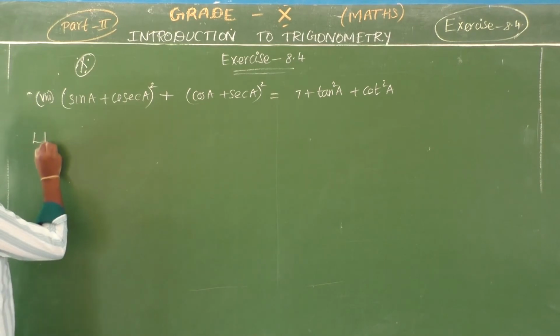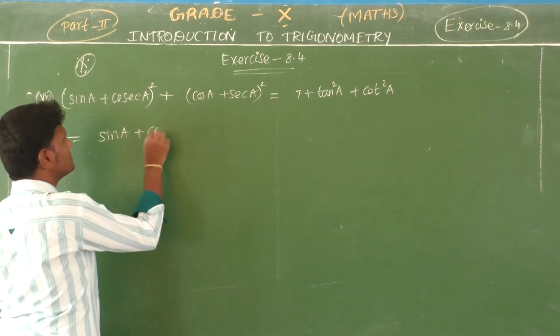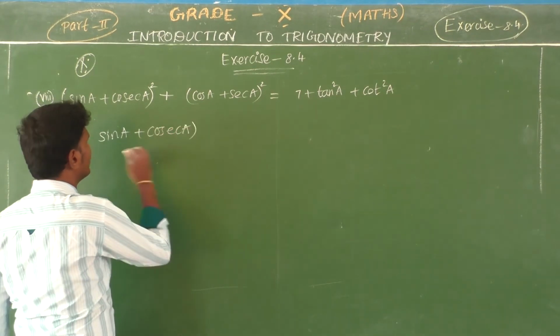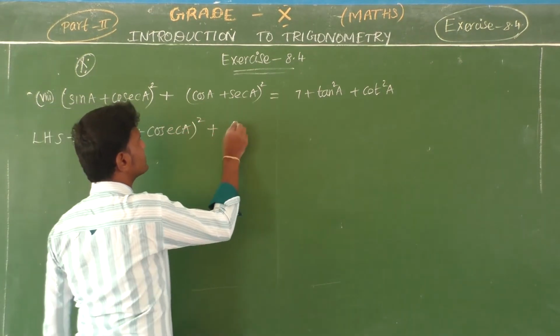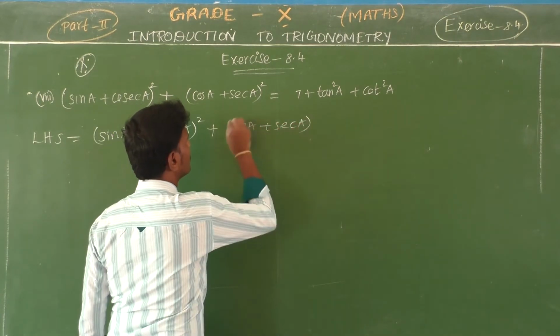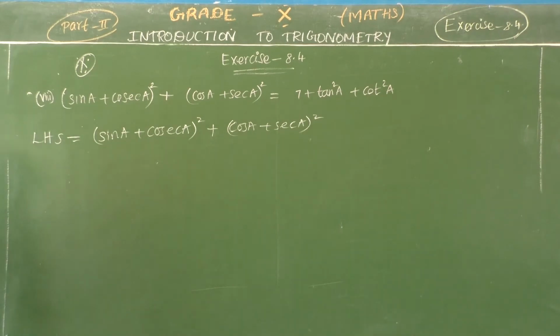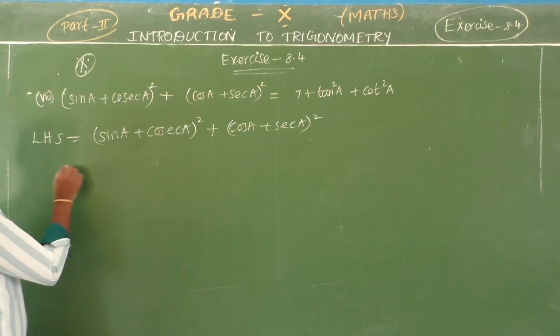So take the left side. What is in your left side? Sin A plus cosecant A the whole square plus cos A plus secant A the whole square. It is a very simple task to simplify. A plus B the whole square means what?